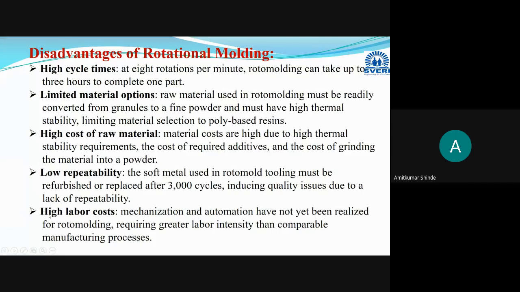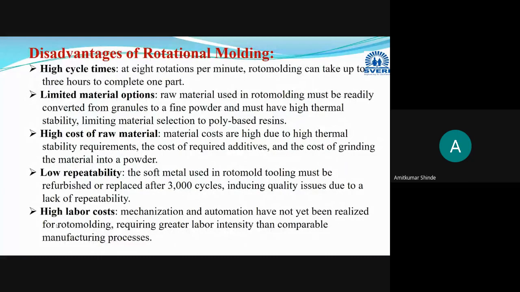And then repeatability of the process is very low, and the labor cost is very high. As here the automation is not yet possible in this rotomolding process, skilled laborers or workers are required, it will cost more. So these are the advantages and disadvantages of rotational molding process.